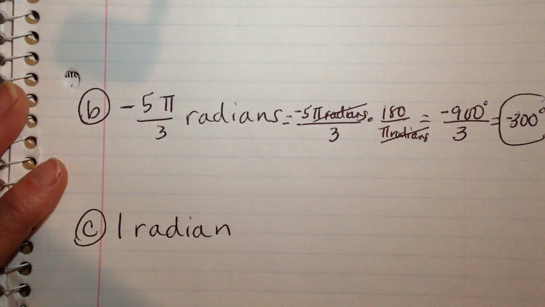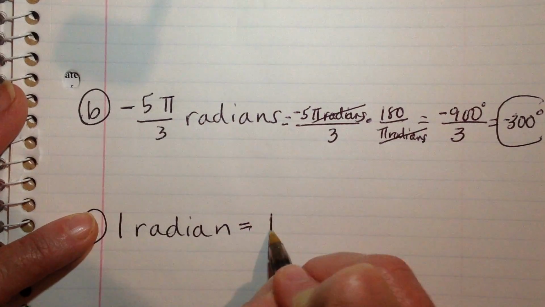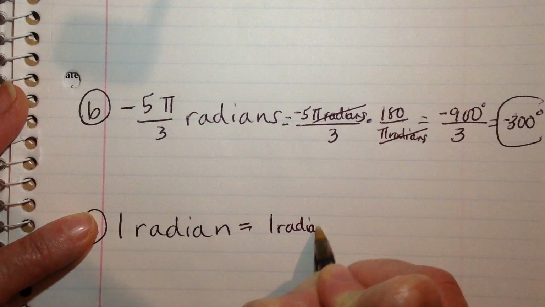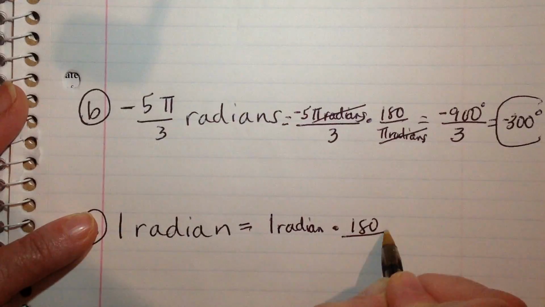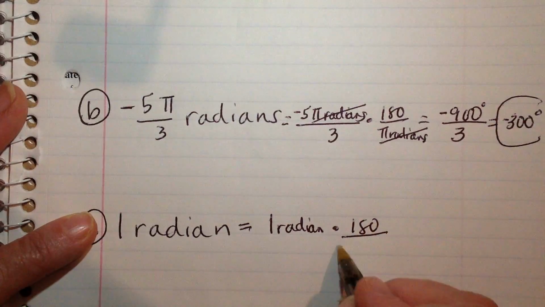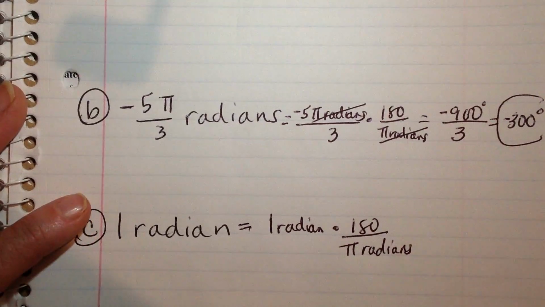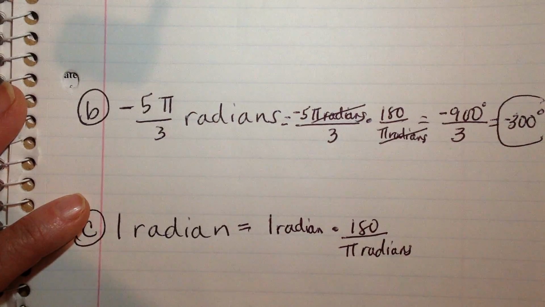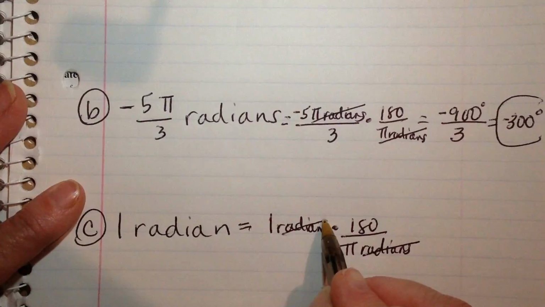Next, 1 radian. Let's convert it to degrees. I have 1 radian times 180 divided by pi radians. Here the radians cancel.